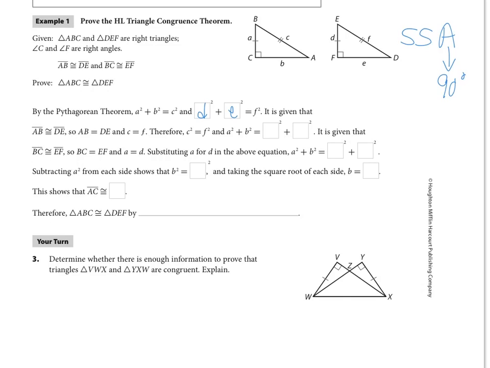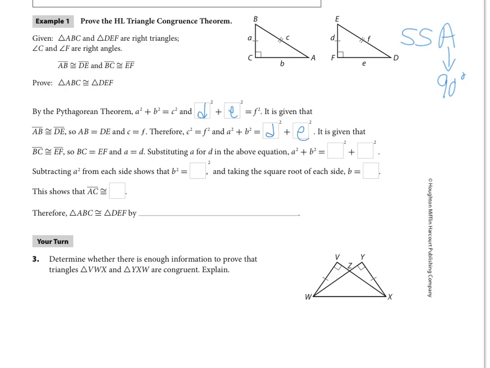So we're going to substitute c and f as equal quantities, which means that if the right-hand sides of those equations are equal, then so are the left-hand sides: a squared plus b squared equals d squared plus e squared.